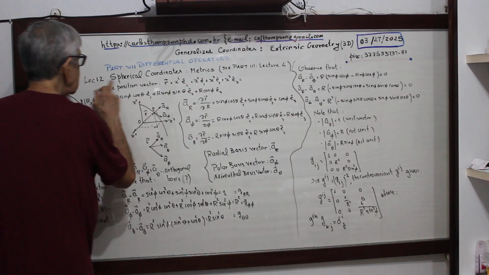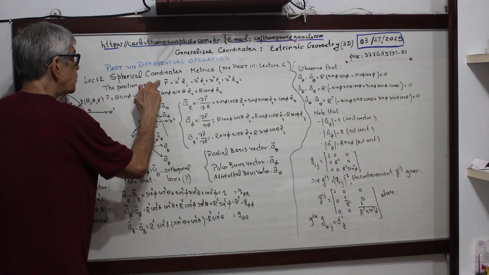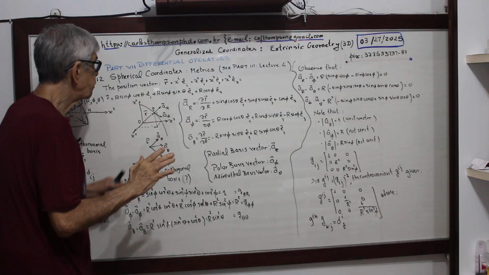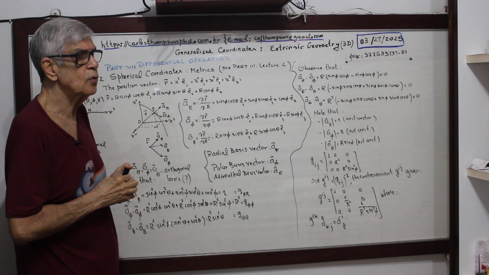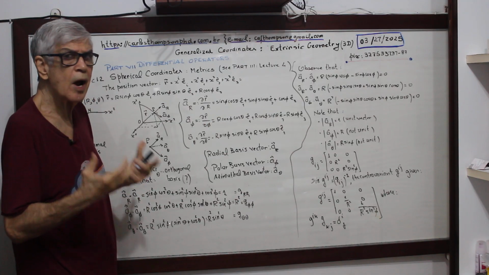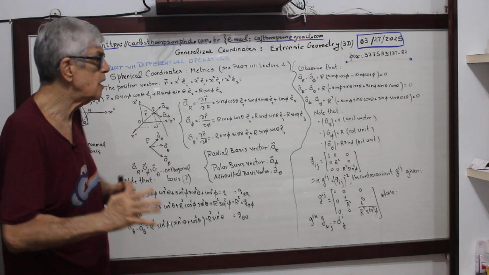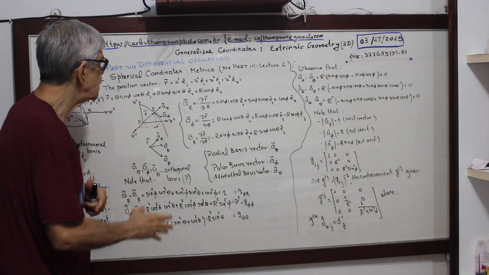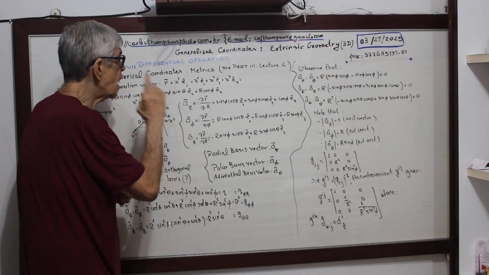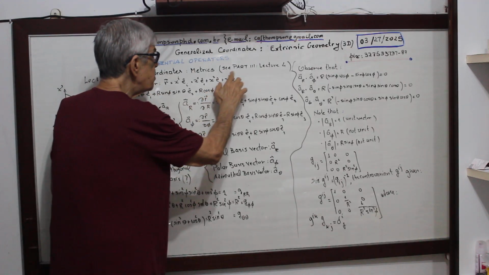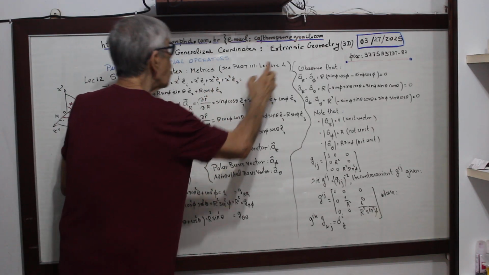Lecture 12, spherical coordinates, metrics. All these previous lectures will be applied to a particular case of curvilinear coordinates called spherical coordinates. Metrics. Attention now. See part 3, lecture 4.